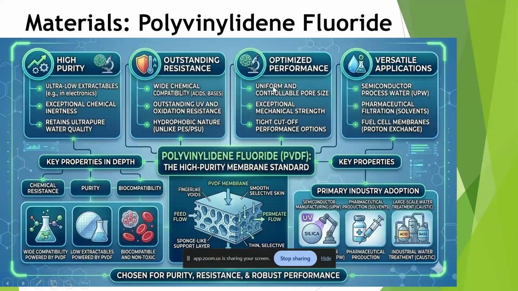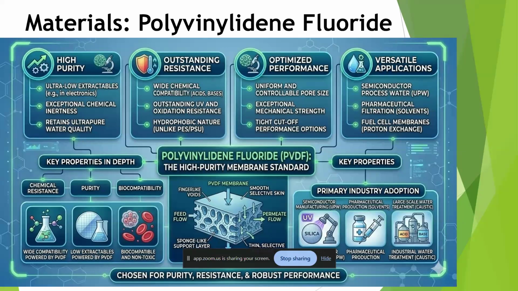Another is polyvinylidene fluoride, which we call PVDF in short. It is one of the strongest polymers, in the sense that the hollow fiber spun using PVDF, or the flat sheet made using PVDF, has much better mechanical strength, and it can withstand higher pH conditions.